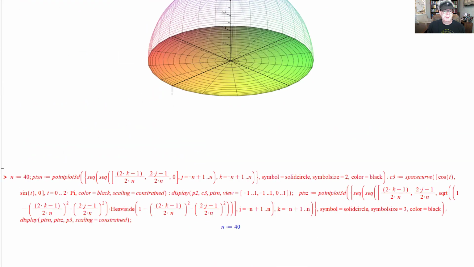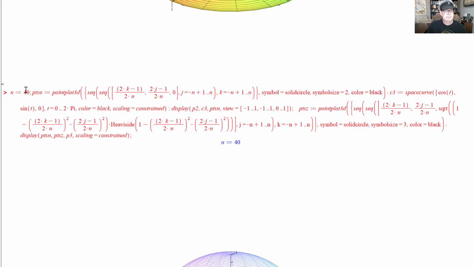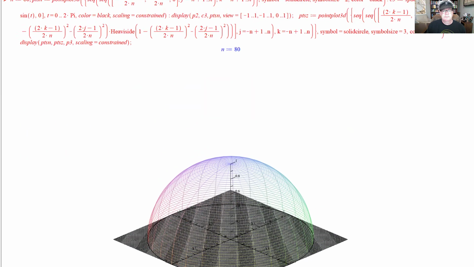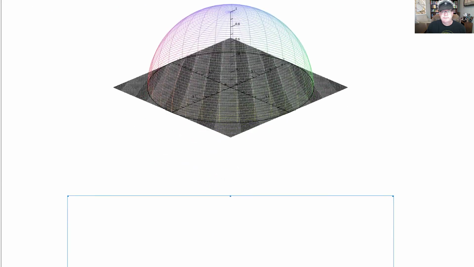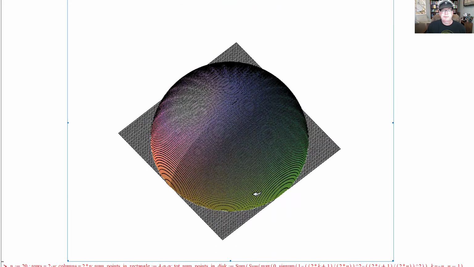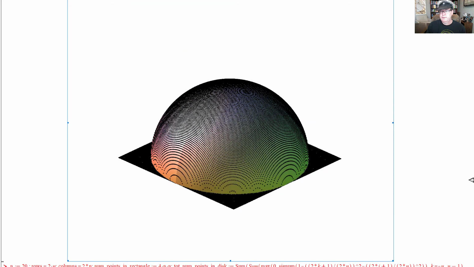I'll double one more time. I think this is the limit of the pictures here, so it was actually 80 by 80 in each quadrant, so I think it's 160 by 160 is the number of points. So quite a number of points. Let's average the z values.